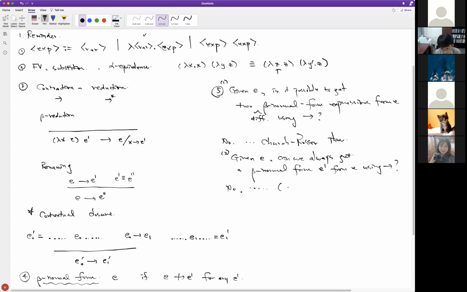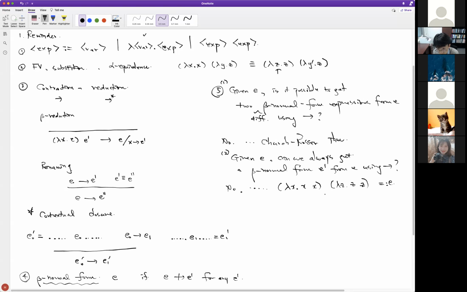If we define E as an expression of this form, then we will never be able to contract this to a beta normal form.